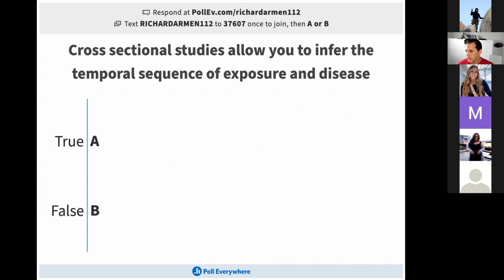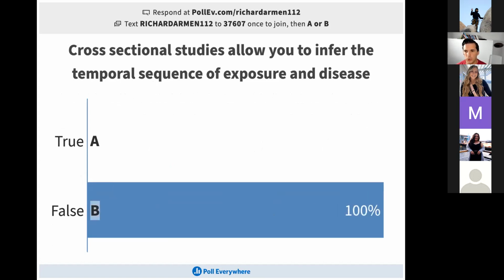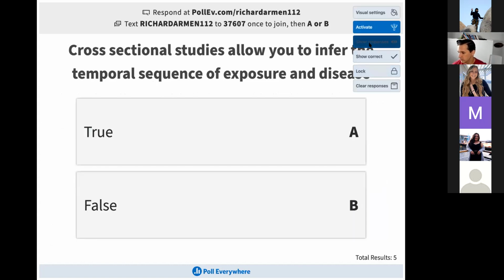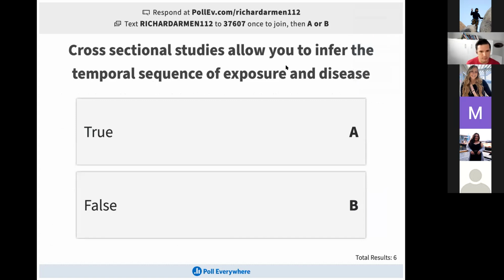This should be a quick one. Cross-sectional studies allow you to infer the temporal sequence of exposure and disease, true or false. I'll give you about 15 more seconds on this one.